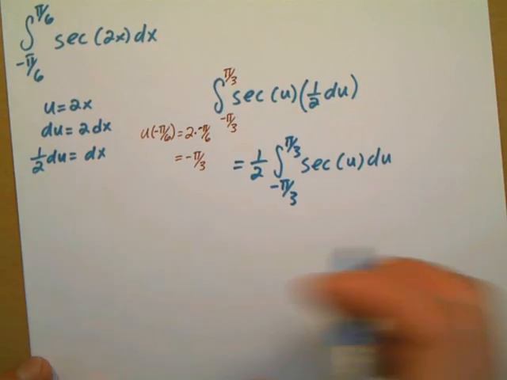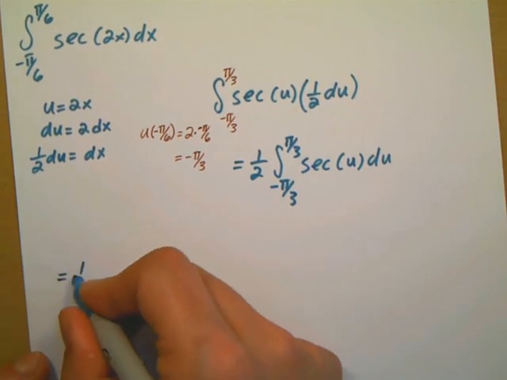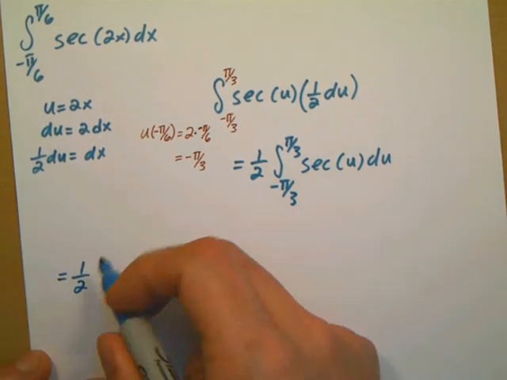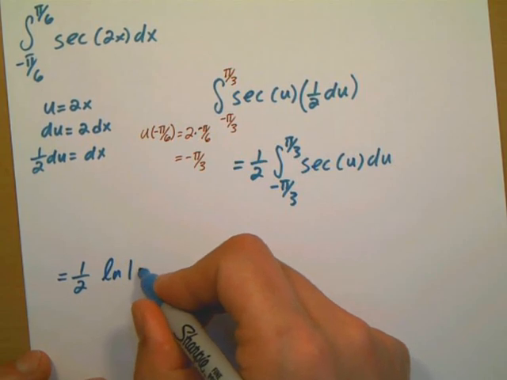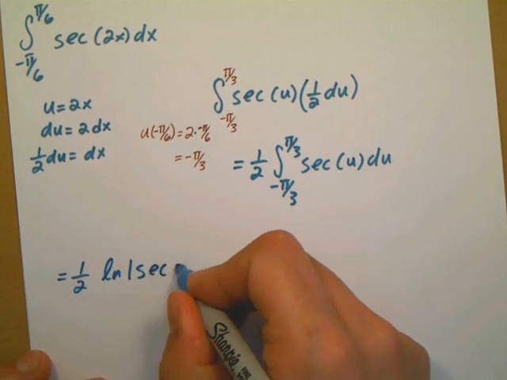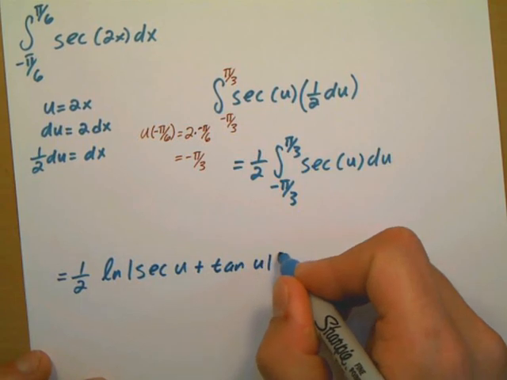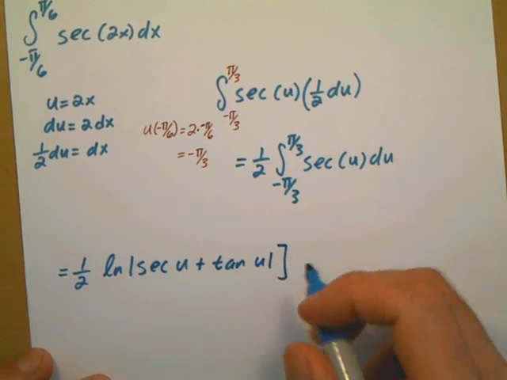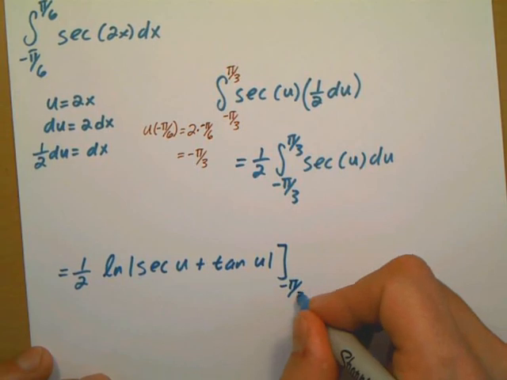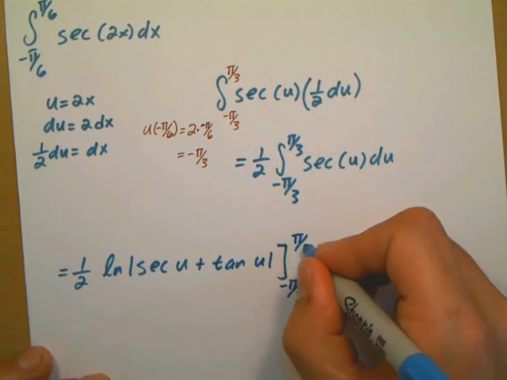I'm going to need a little more space, so I'm going to continue over here. My answer is going to be 1/2 ln of secant u plus tangent u, all evaluated from negative pi over 3 to pi over 3.